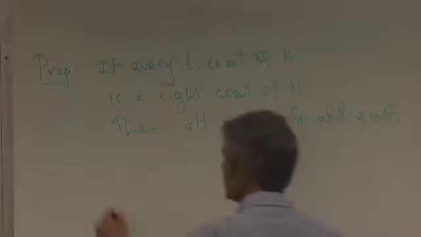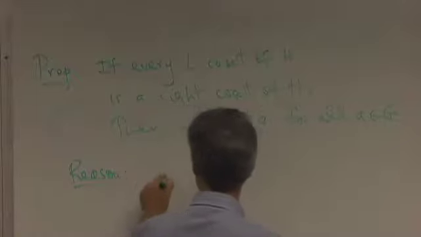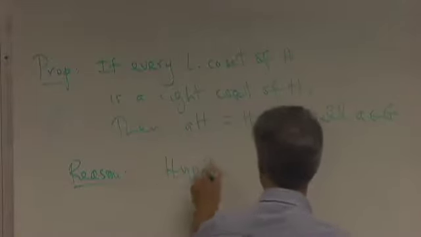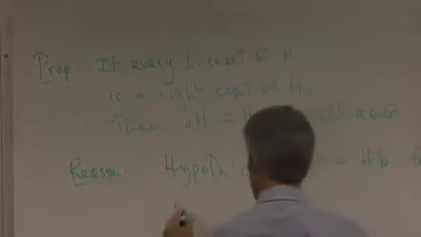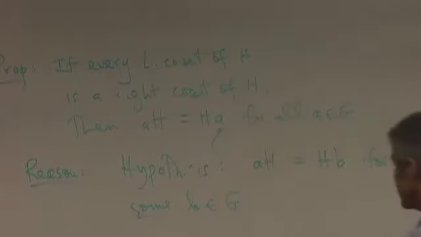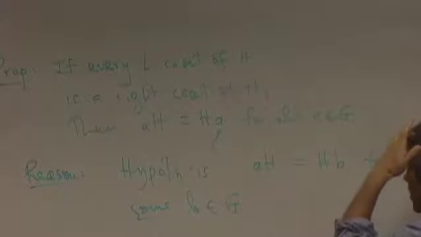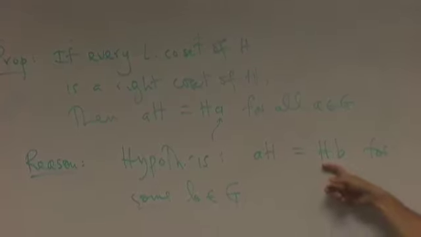And the reason is, if the hypothesis is that AH is HB for some B in the group, that's what we're told, that the left coset AH is some right coset. The question is, why can I conclude that the right coset that I use here is actually the right coset HA? And the answer turns out to be this, but wait a minute.